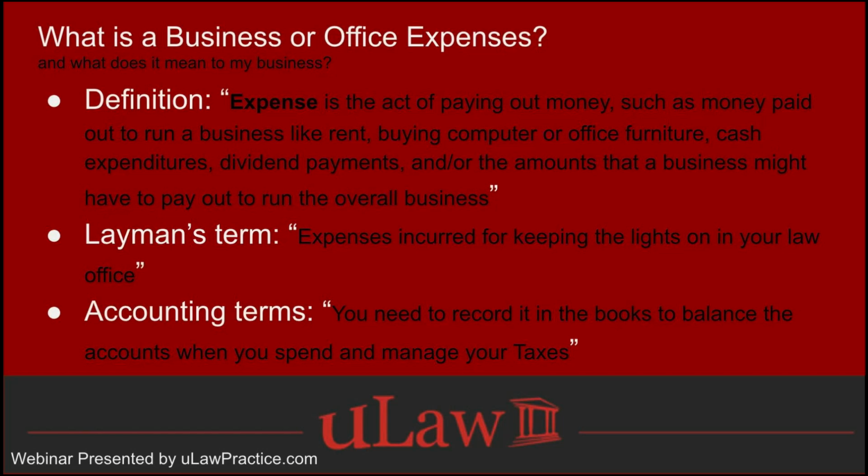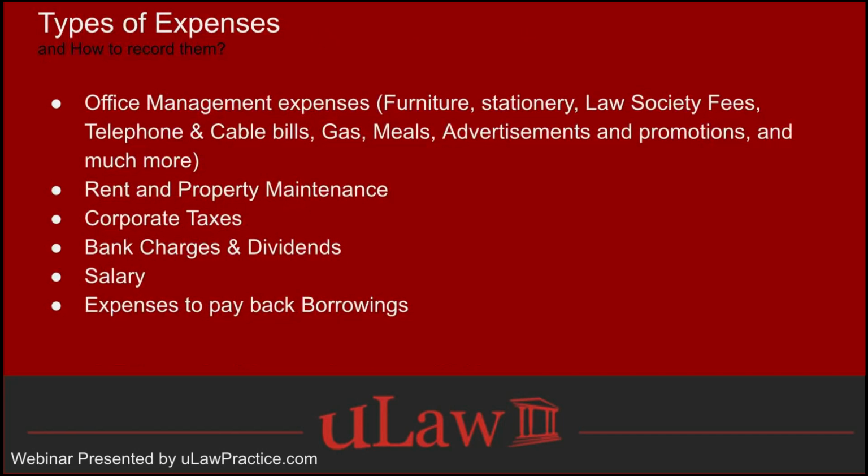You need to balance it out with your accounts. You need to make sure that your income minus expense provides you the profit or loss, and you're able to manage your taxes appropriately. So this will provide you with adjusted profit.